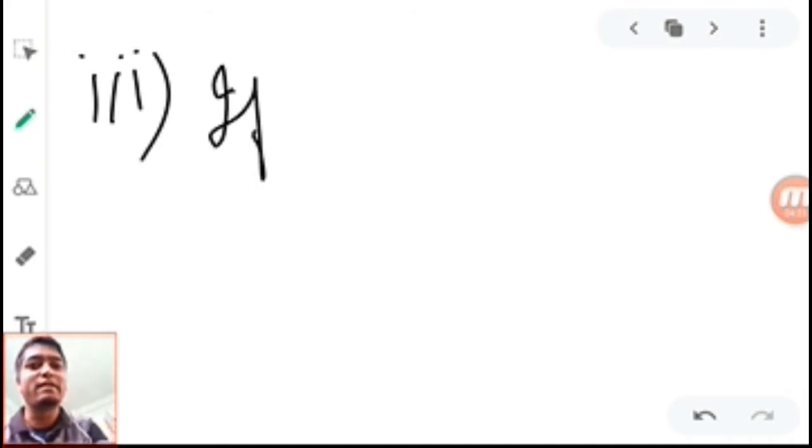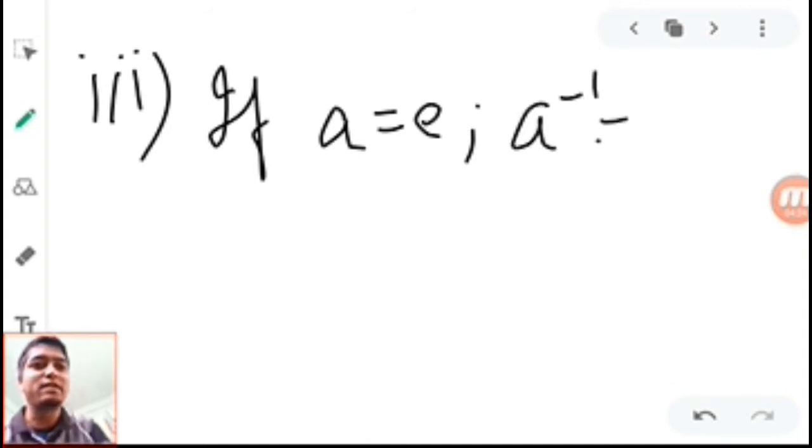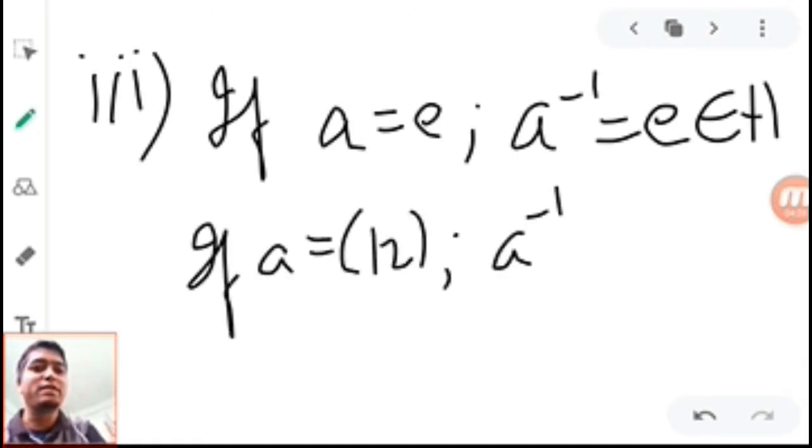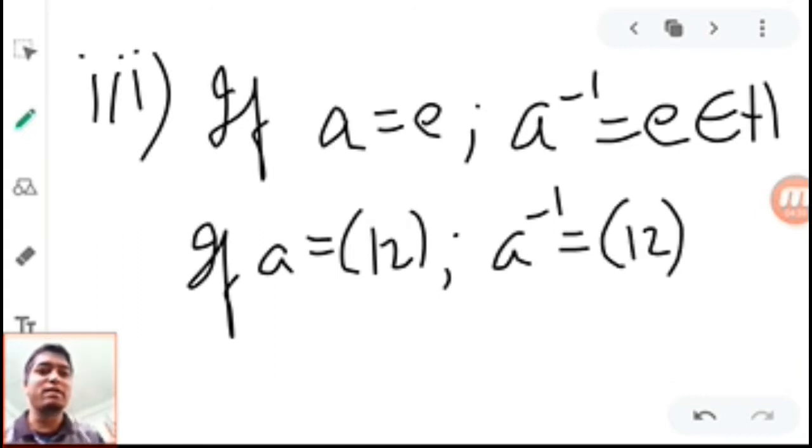If a equal E, then a inverse equal E, which also belongs to H. If you take a equal (1 2), a inverse will be the reverse of (1 2), which is (2 1).